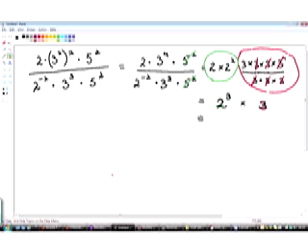So 2 to the 3rd power is going to give us 8 multiplied by 3, which is equal to 24. So you see, we have taken a different approach to working the question, and we still end off with the same answer.